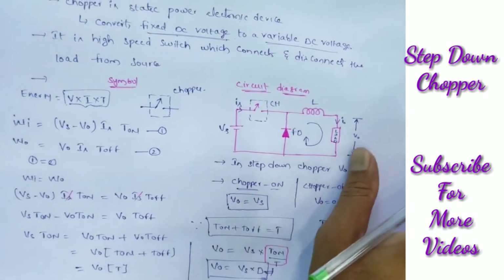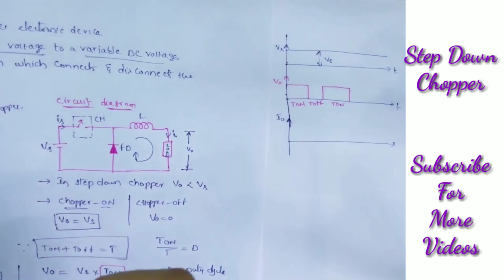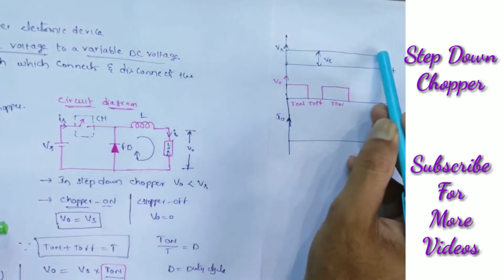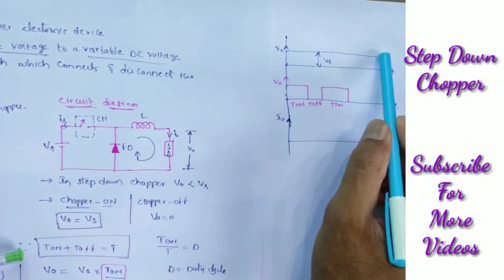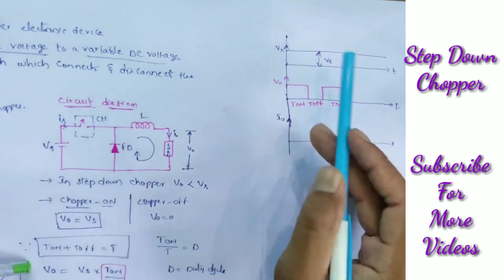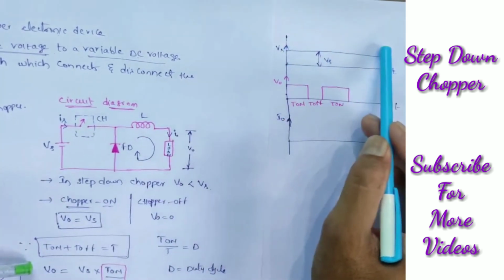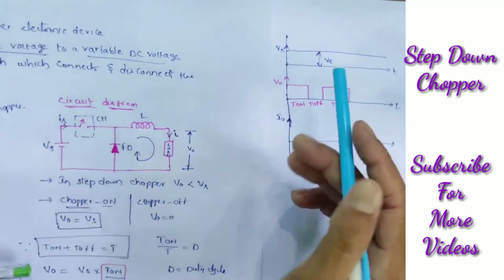Then let's discuss the waveforms. So this is the supply voltage. The supply voltage is always constant because the chopper has a DC input and DC output. So that's why the supply voltage is like this. Now we have to calculate the output voltage.